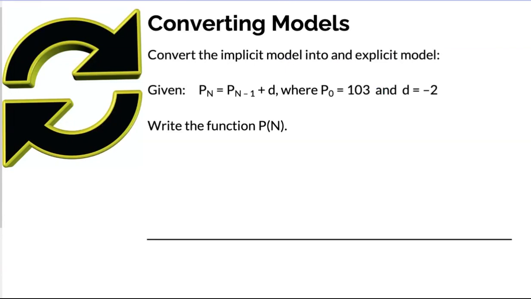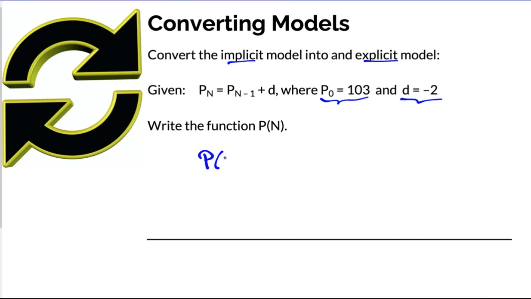We also want to be able to convert from recursive models to explicit models. We can do this with linear functions very easily. We can't do this for all models that we'll encounter, but for linear models, we definitely can. So we see it wants us to convert the recursive to explicit. We see that the recursive has a P0 of 103 and a common difference of -2.